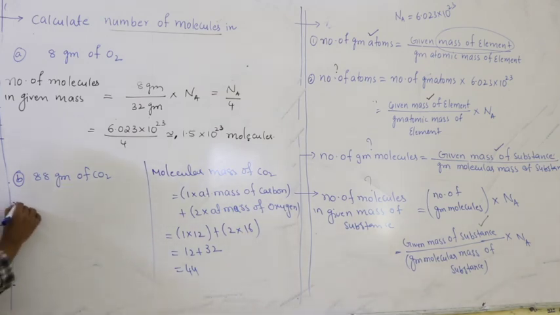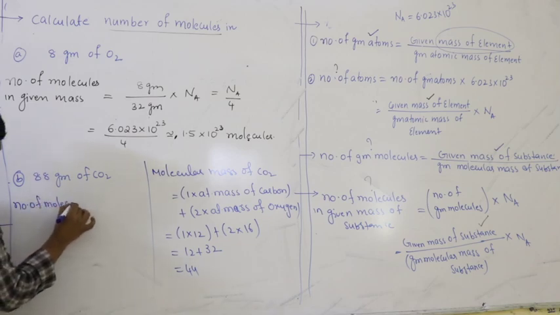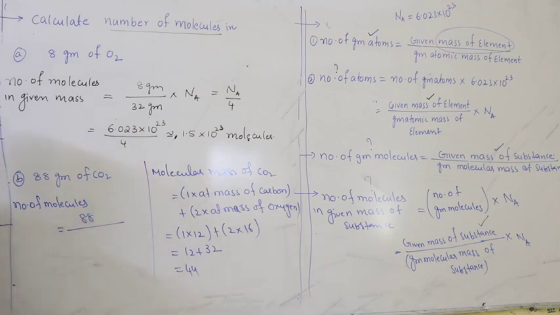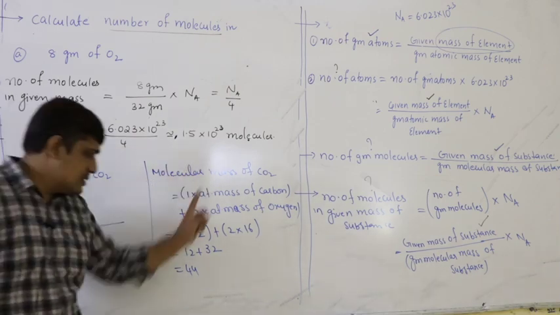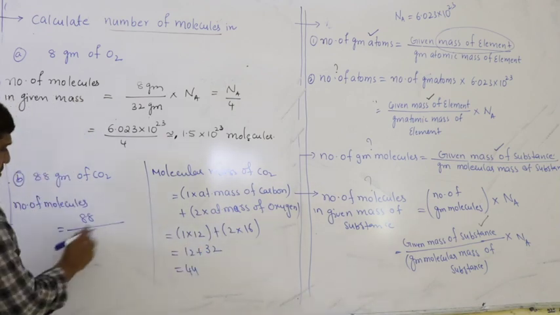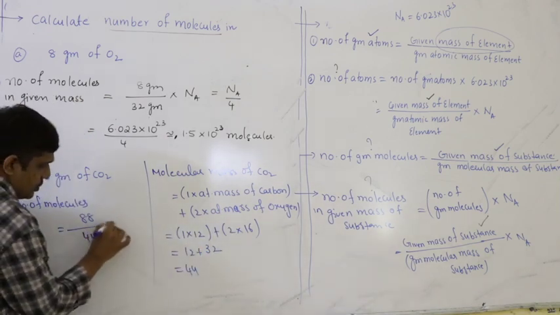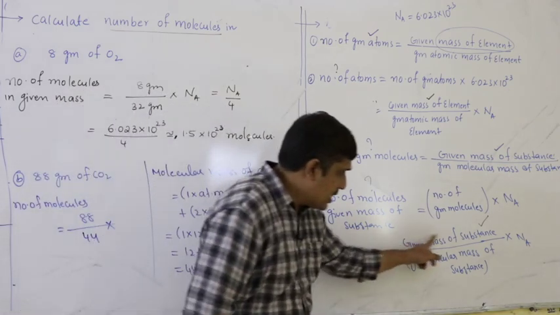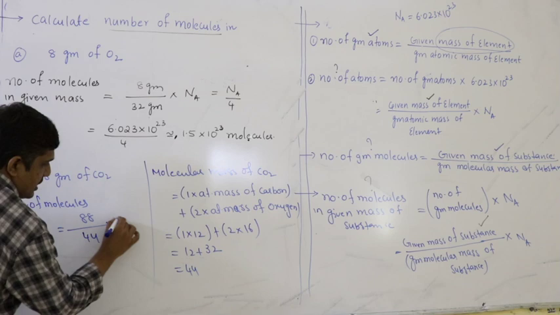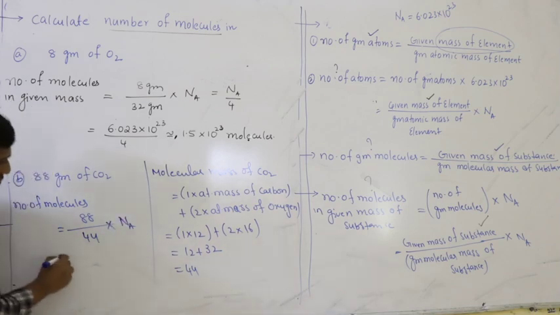So number of molecules is given mass 88 grams by gram molecular mass. What is the molecular mass? 44 AMU. Expressed in grams becomes 44 grams, into Avogadro number, that is NA.